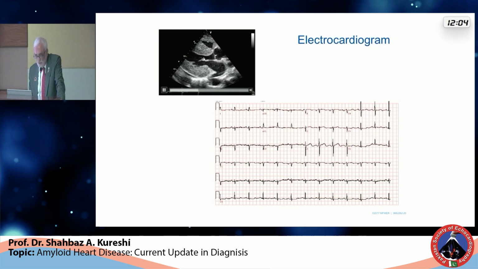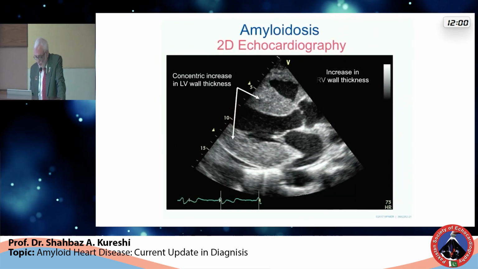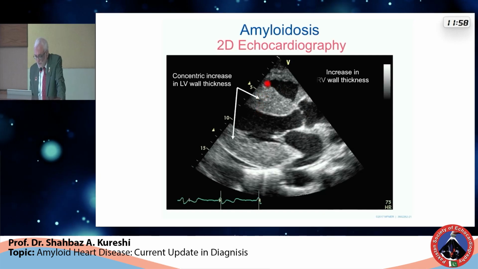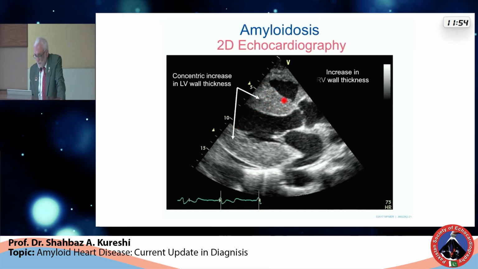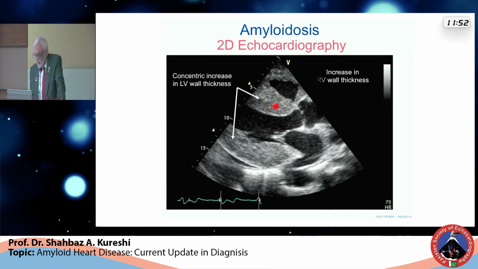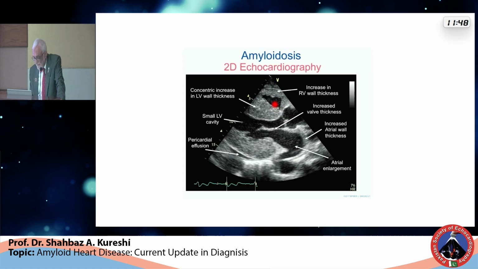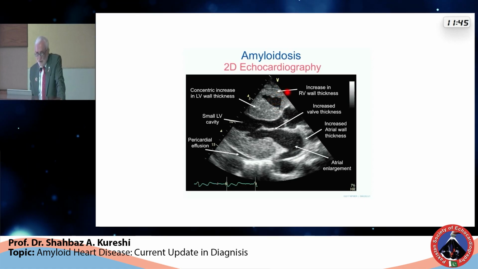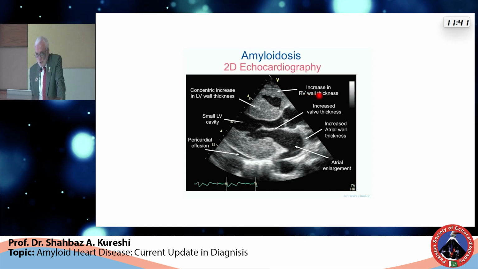This is pathognomonic for amyloidosis. You will see an increased thickness of the left ventricular wall, and there will be a granular appearance here also. Along with that, you will have an increased thickness of the right ventricle. This is what you are going to see in these patients with amyloidosis.